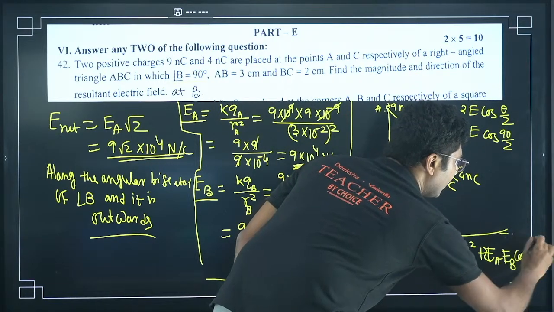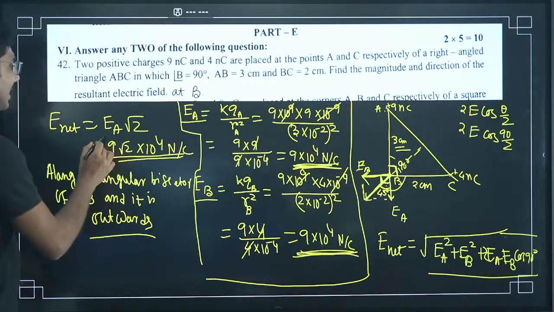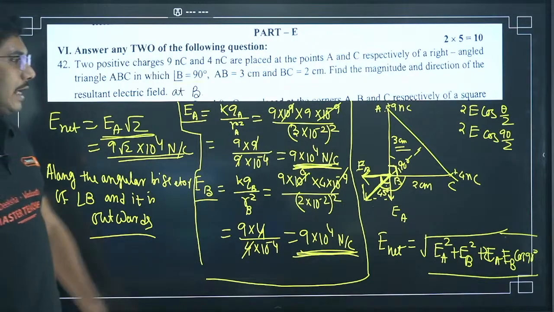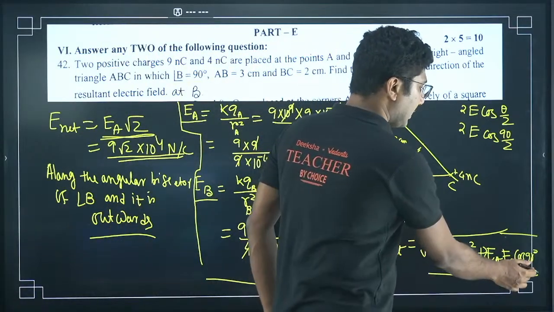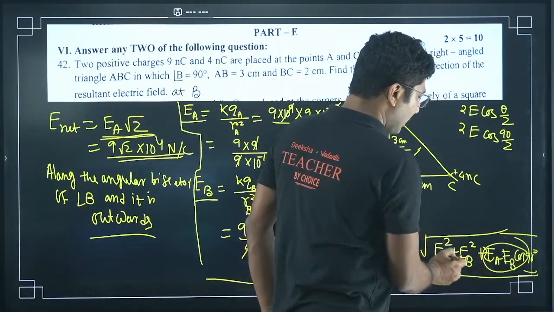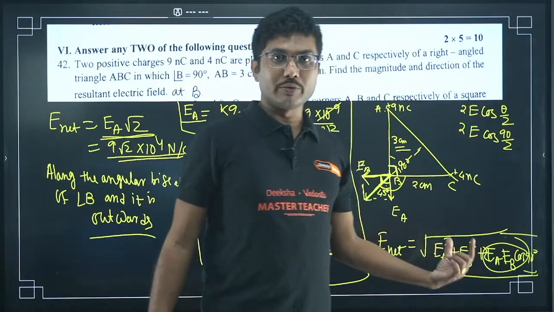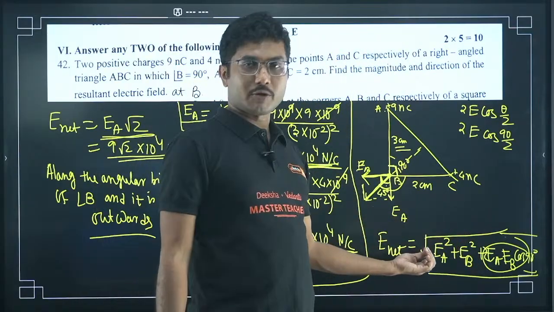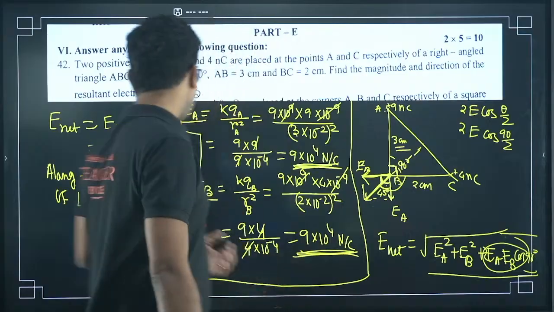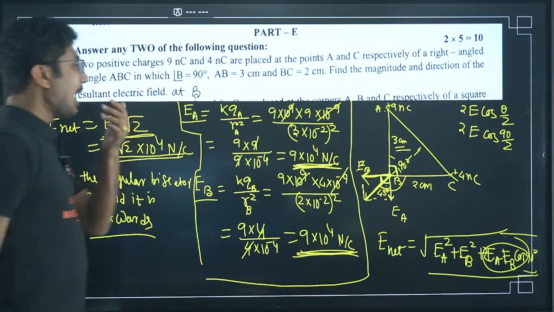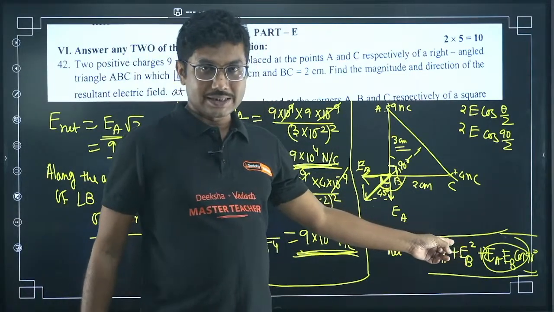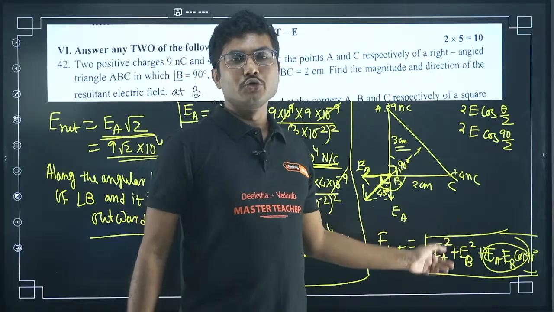Whatever formula you use, you will always reach this result. Okay, if you use this also, cos 90 is 0, so this term will be 0. So EA square and EB square both are equal in magnitude, so one of them will be common and come out of the square root, and you will get EA, and 1 plus 1 will be inside the square root. So 1 plus 1 is 2, so root 2.